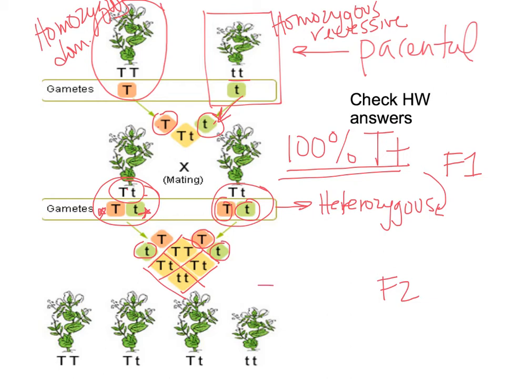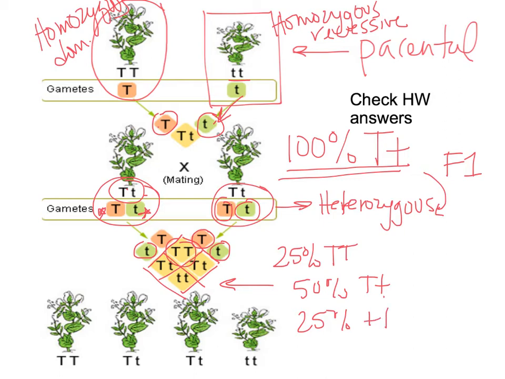So the Punnett square shows us all the different possibilities of offspring. And in this particular one, we've got a 25% chance of a homozygous dominant. We get a 50% chance of a heterozygous, and we get a 25% chance of a homozygous recessive. This is genotype.